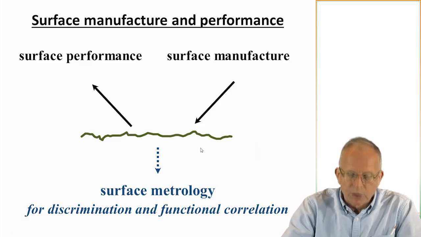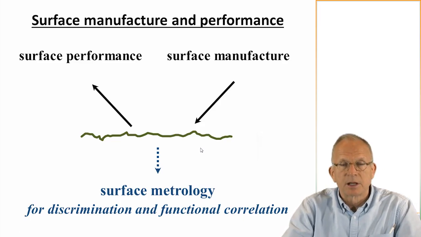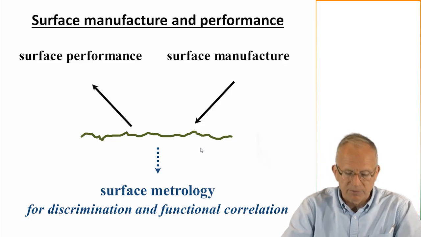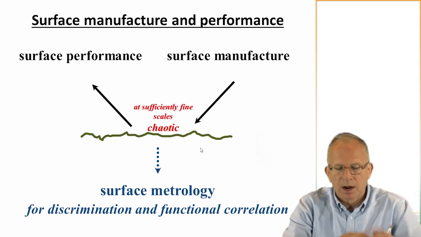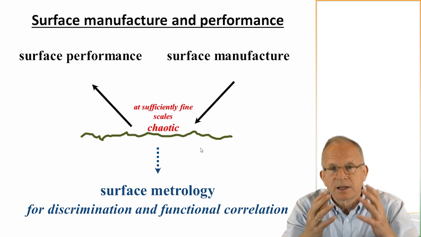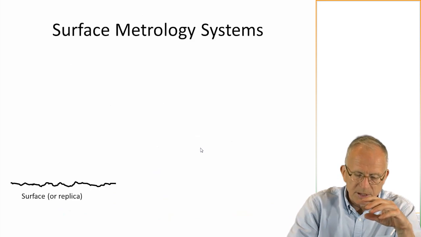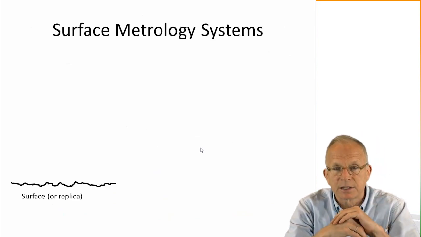So we call this discrimination, being able to tell surfaces apart, and functional correlations, correlating with performance or manufacture.